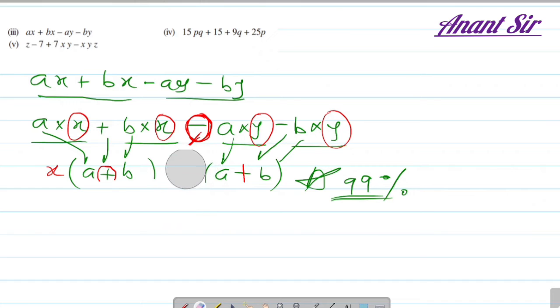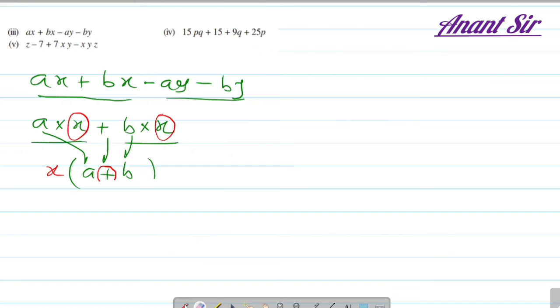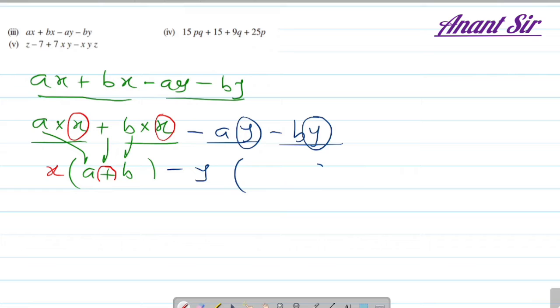So see, I am going to do this step again. It was minus ay minus by. Now what we did? We took minus y common. So I just told you that if we take minus common, we have to change the sign of all the terms which are going to be there in the bracket.